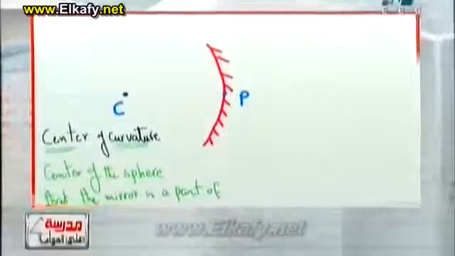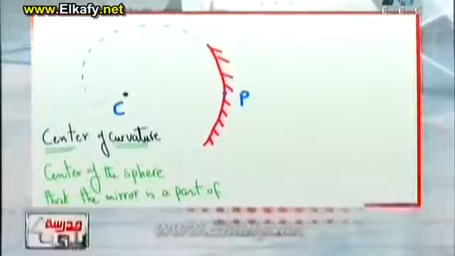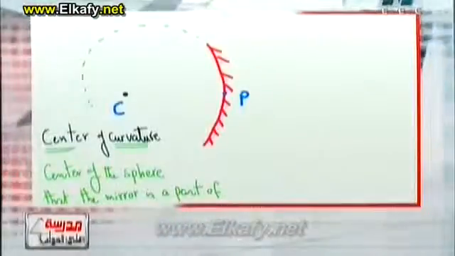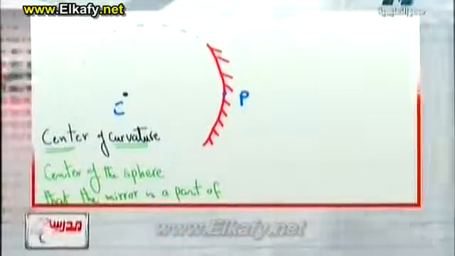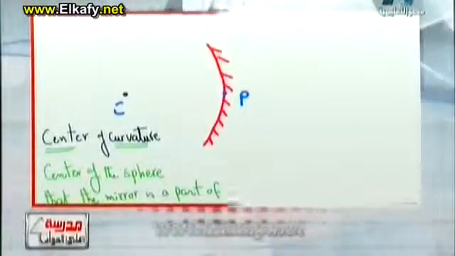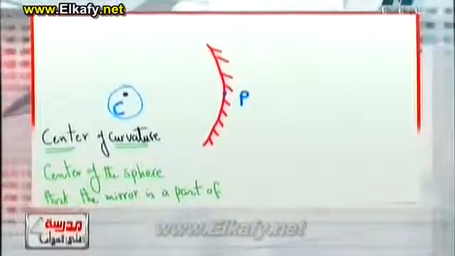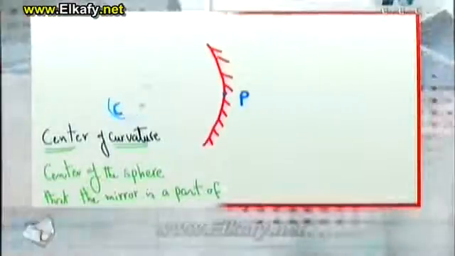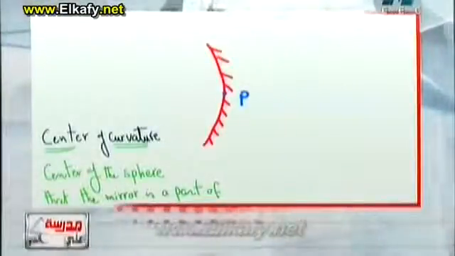We know this mirror is a part of a hollow sphere, and any sphere has a center, as we studied in geometry. So C, center of curvature, is the center of the sphere that the mirror is a part of. So now we know what is meant by center of curvature.